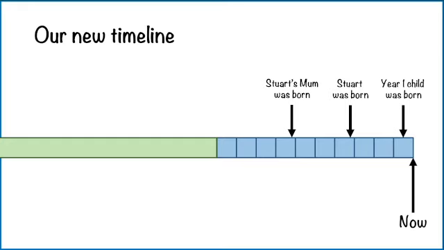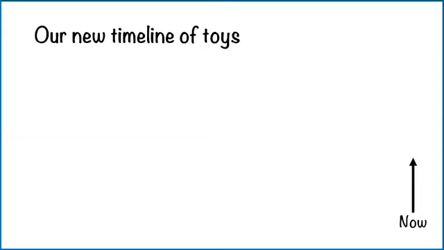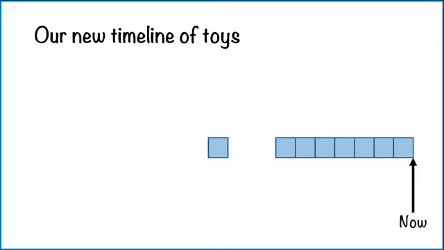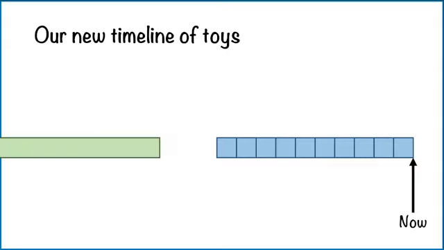Let's take a look at a timeline for some toys that you might have at home or may have seen. Let's start once again by building our timeline. 10, 20, 30, 40, 50, 60, 70, 80, 90, 100 years in the past. That's within living memory. Everything further is called beyond living memory.